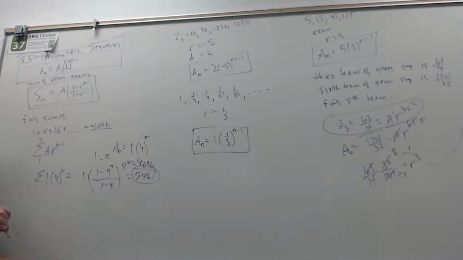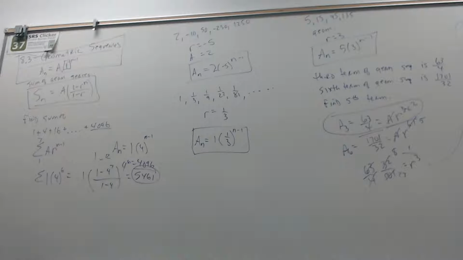It'll be negative and negative, so they'll cancel and it'll be positive. 4 to the 7th is 2401?